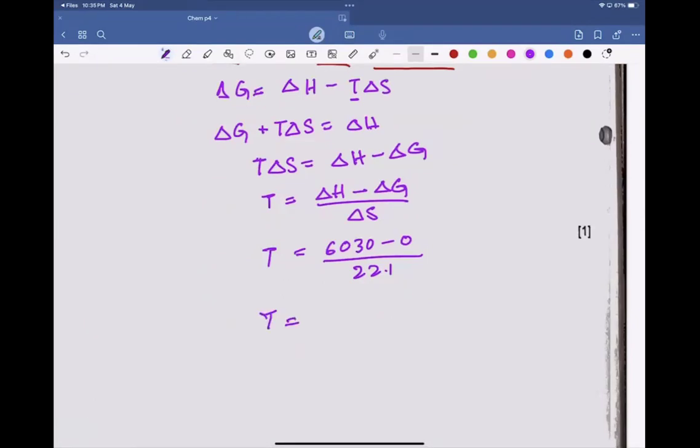It's 272.85. So the temperature we got over here is in Kelvin, right?